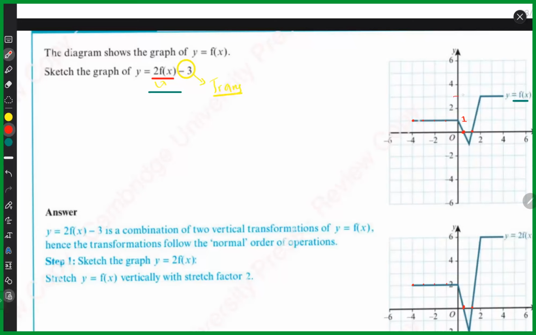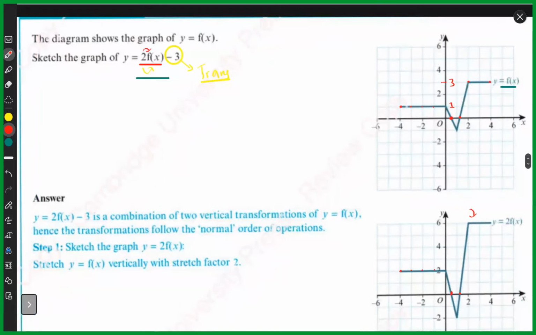This point is 3. When I do 2 multiplied by f of x, this would become 6. This is how it shows on the graph as well. And if I talk about this point, this is basically minus 1. So minus 1 multiplied by 2 would give me minus 2.